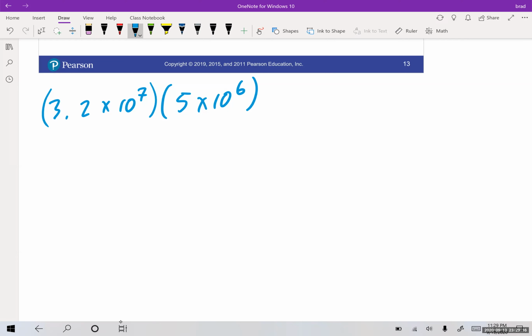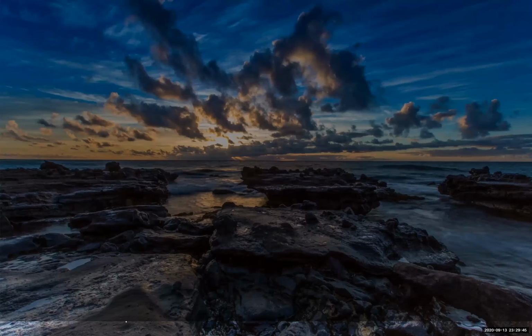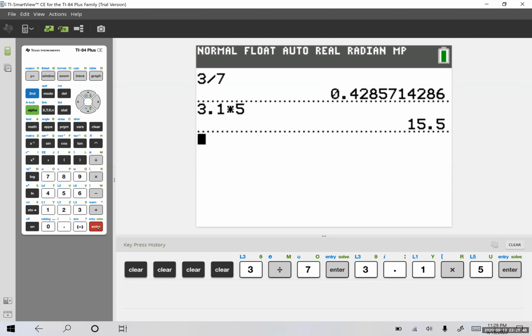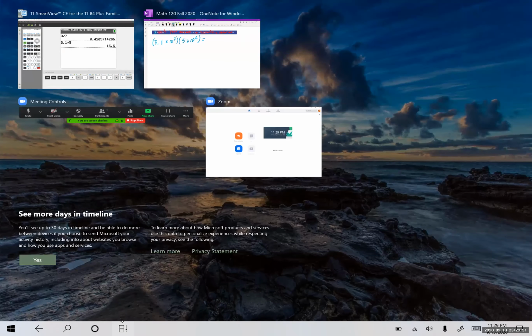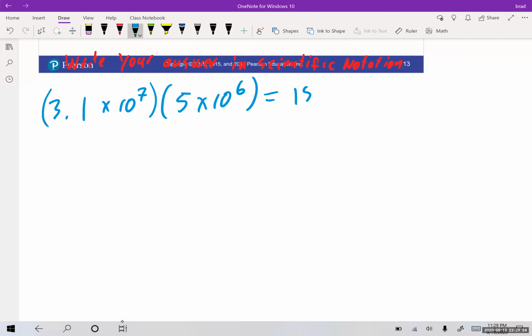Or let's say 3.1, because if you're asked to write your answer in scientific notation, then you need to understand that when we do 3.1 times 5, we get 15.5. So this is worth 15.5 times 10 to the 13th.